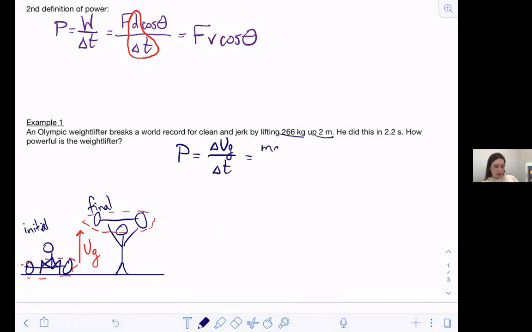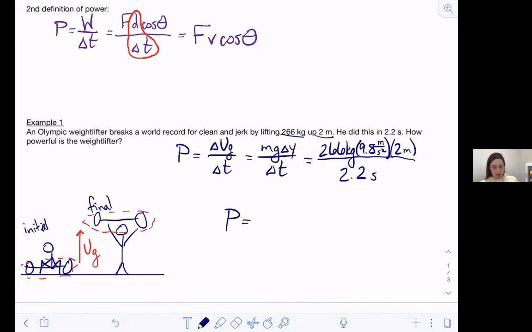So we're talking about mg delta y divided by change in time. And we luckily know pretty much all these numbers. The m is 266 kilograms, kilometers, what was I thinking? Kilograms. g is 9.8 meters per second squared. He's lifting it up 2 meters, and he is doing it in 2.2 seconds.